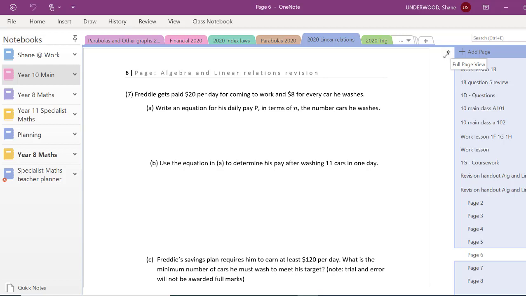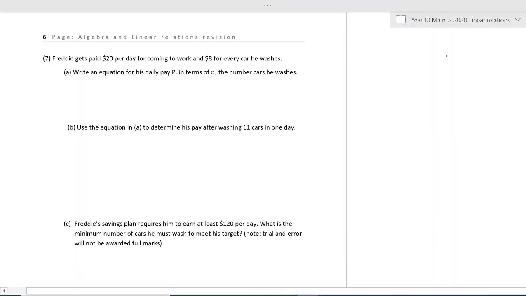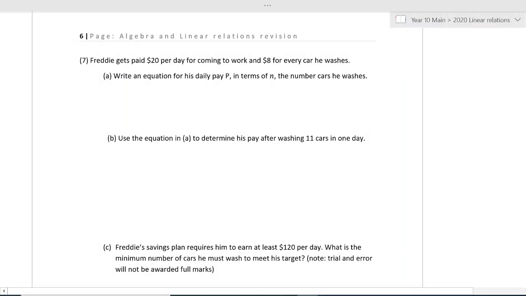All right, so on page 6, we're starting to look at some applications of linear equations, and you can see here it says that Freddie gets paid $20 per day, and $8 for every car he washes. So this is: write an equation for his daily pay.